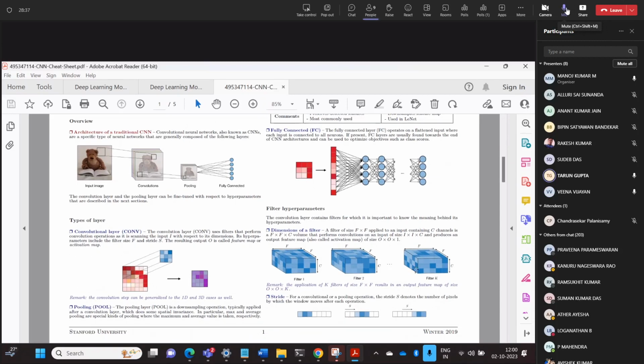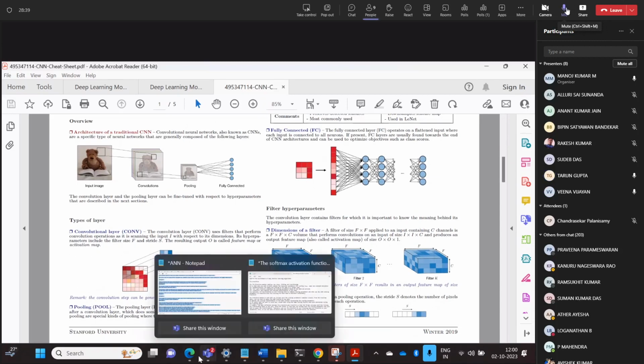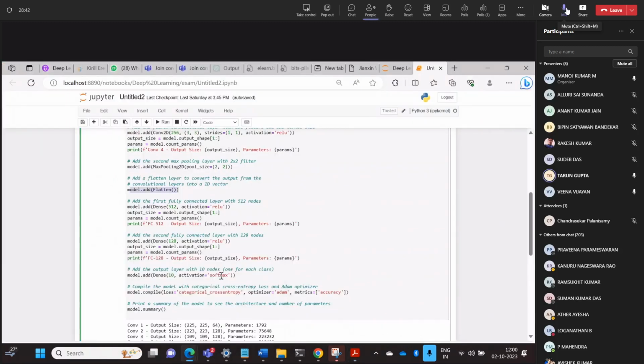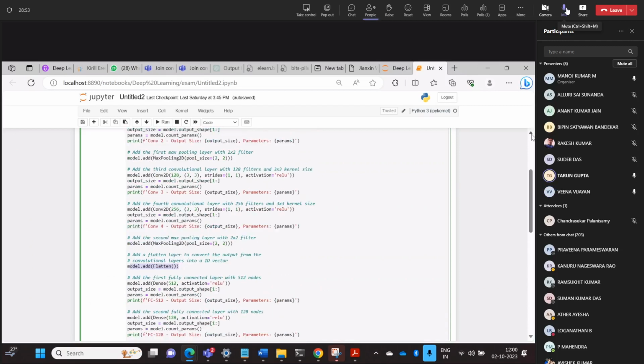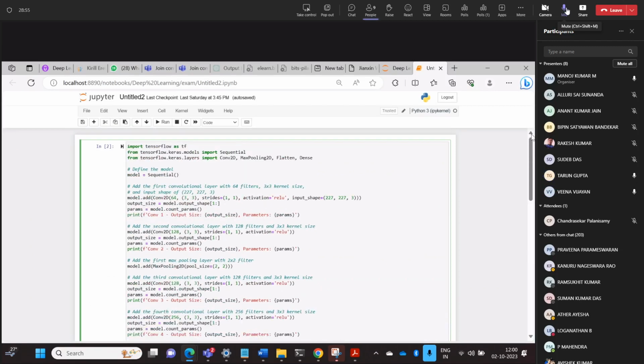What is the optimization algorithm? If you see here, we have added the Adam optimizer. Can you go up a little? Here we are adding a Conv2D with 64 kernels of 3 by 3 with strides 1 by 1.